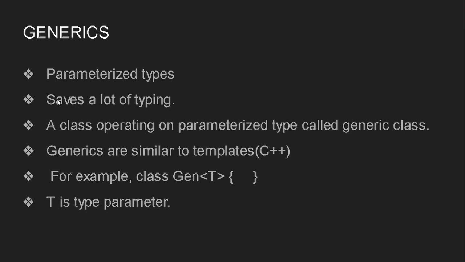Now think about it for a second. If I am defining Gen Runnable, then after that I am defining Gen Thread, then after that I am defining Gen Integer, then each and every time I am defining the same class again and again. If I use generics, using this particular T, it is going to save a lot of typing, because I need to define this class exactly once, and whenever I am creating the object of this particular class.